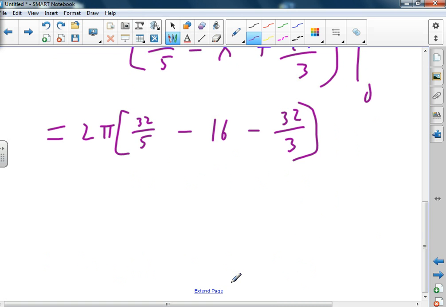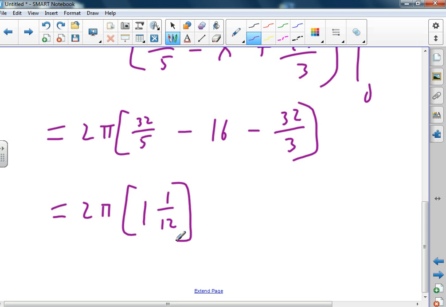Okay, so I got 32 over 5 minus 16 plus 32 over 3 equals. That looks like 2 pi times 1 and 1/12 is what it looks like. No, it's not 1 and 1/12.